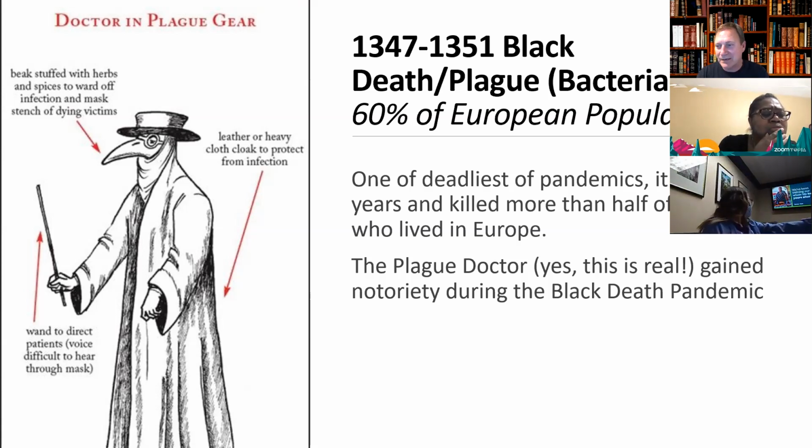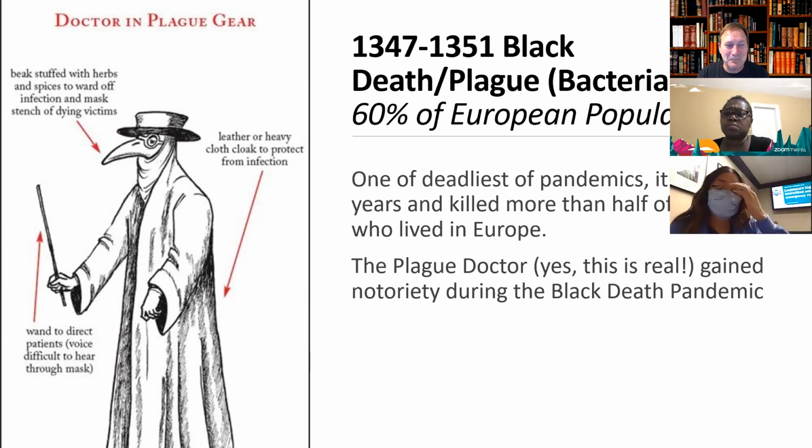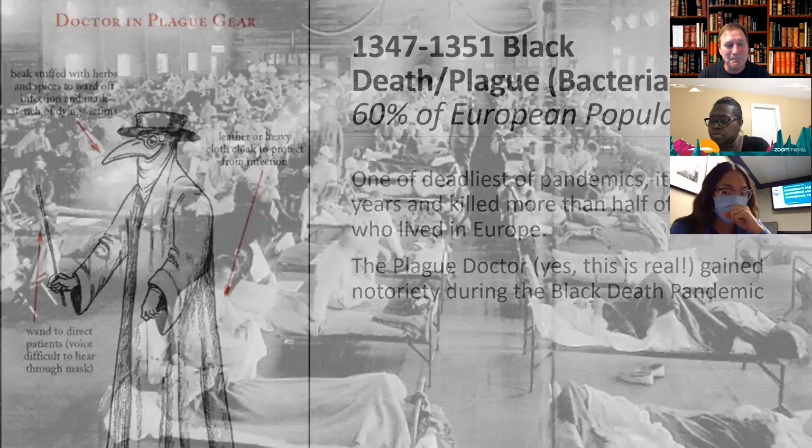And the elongated mask was built to put filters in it. So I don't know that I necessarily want an elongated mask to put a filter in, but I don't know that they were quite as far off as maybe we thought they were at one point.